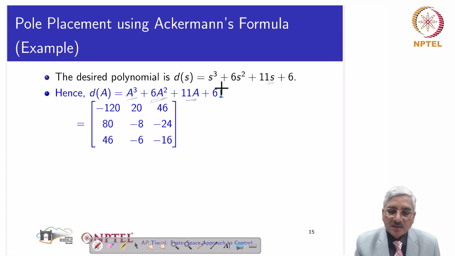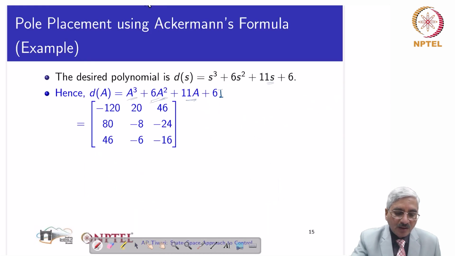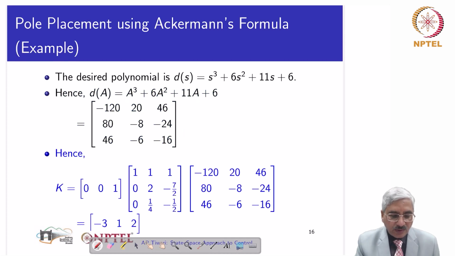So when we evaluate this for the given value of A, which was there in the previous slide, this is the A matrix. If we evaluate this, we will get this. We obtained dA, we have Q inverse, so we will have K equal to that 1 by n row vector, in which only the last element will be 1, remaining all will be zeros.